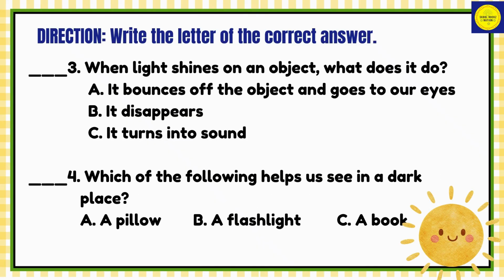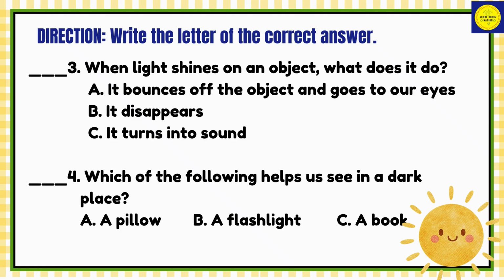Number 3. When light shines on an object, what does it do? A. It bounces off the object and goes to our eyes. B. It disappears. C. It turns into sound. 4. Which of the following helps us see in a dark place? A. A pillow.